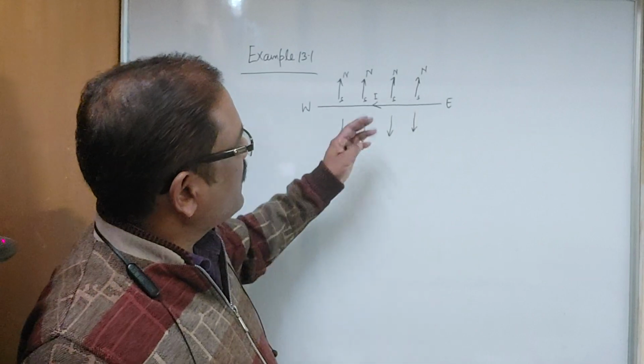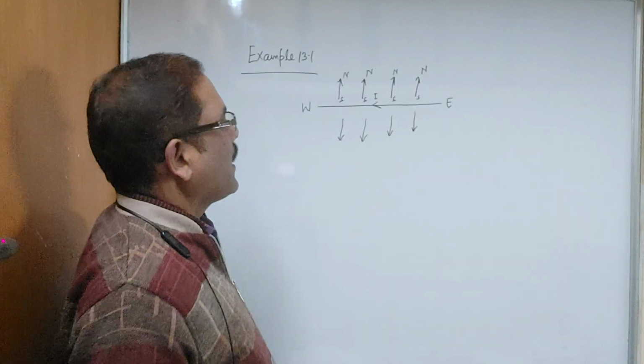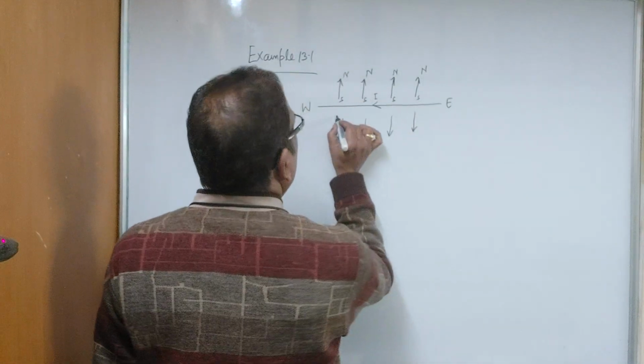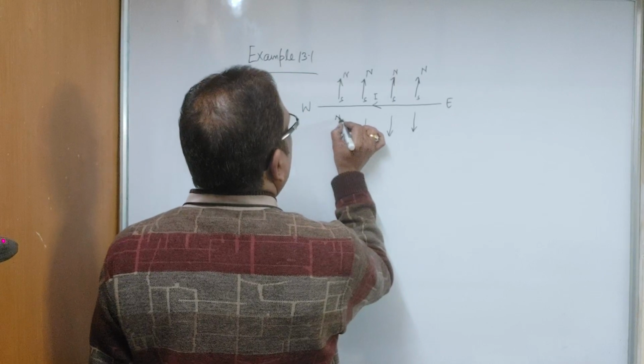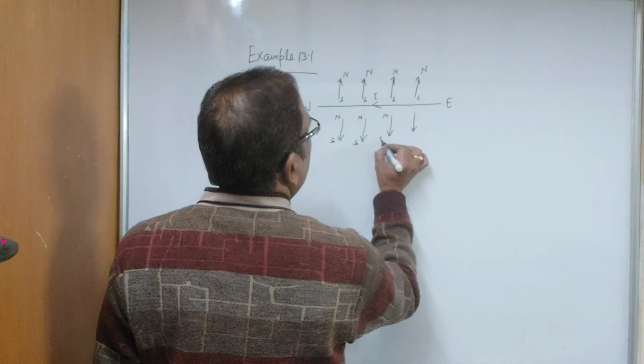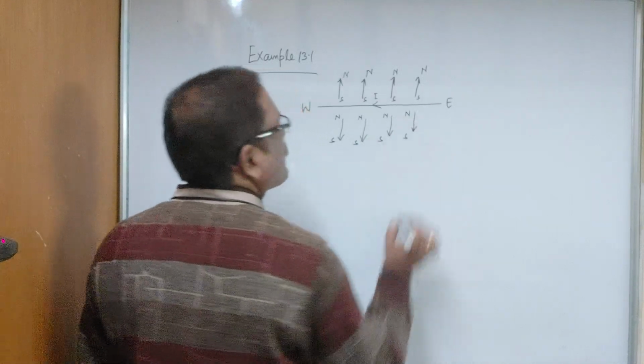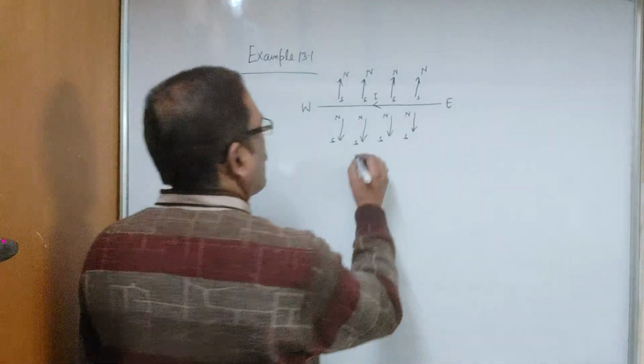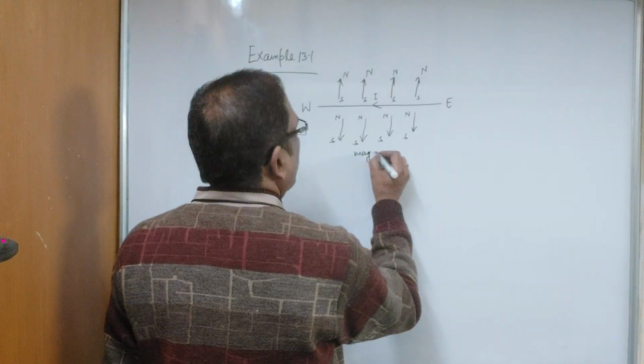So above the wire, south to north, and below the wire, just opposite, north to south. This is the direction of magnetic field.